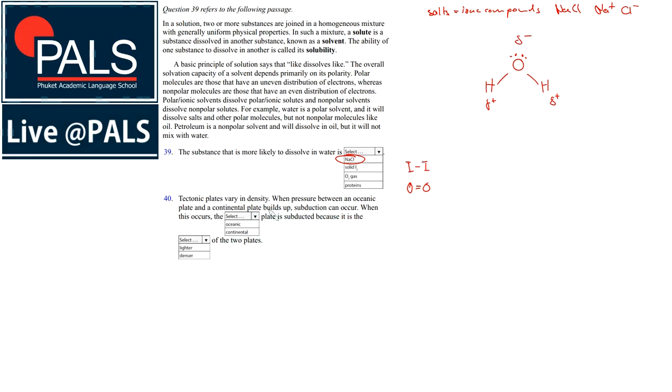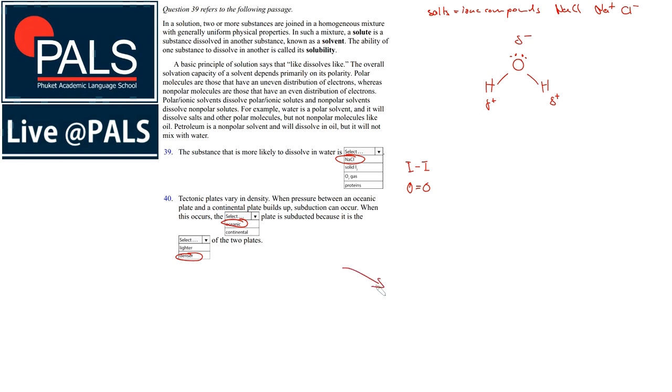So that probably has to do with density, and it's usually the oceanic plate that is more dense than the continental plate, so the oceanic plate moves below the continental plate, because it's the denser of the two plates.